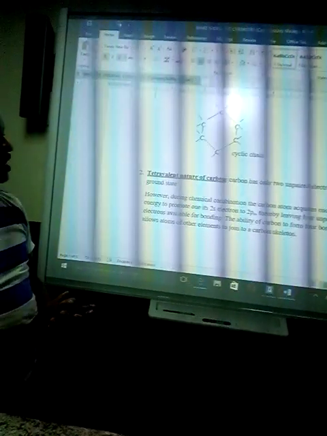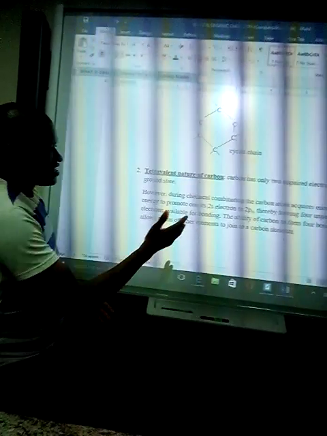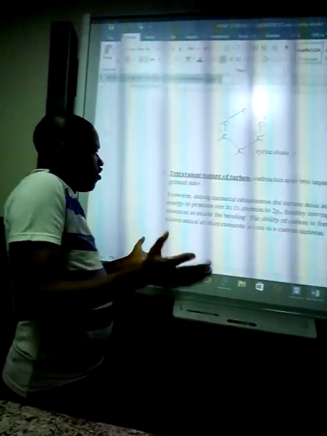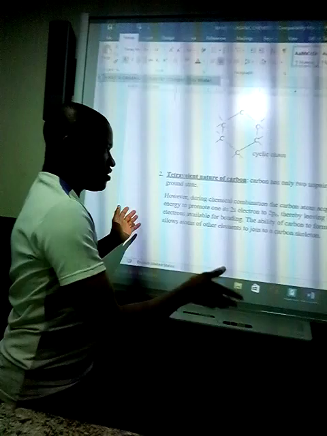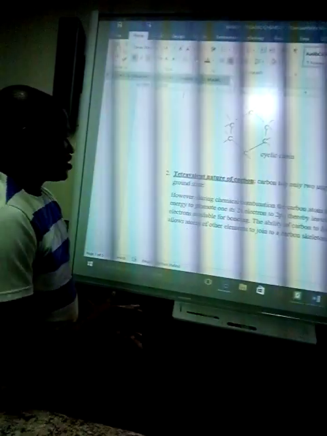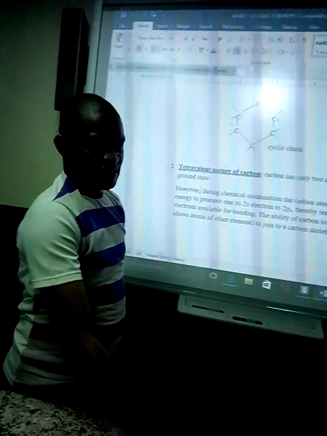However, during chemical combination, the carbon atom requires enough energy to promote one of its 2s electrons to 2pz, thereby leaving 4 unpaired electrons for bonding. The ability of carbon to form 4 bonds allows atoms of other elements to join the carbon skeleton.